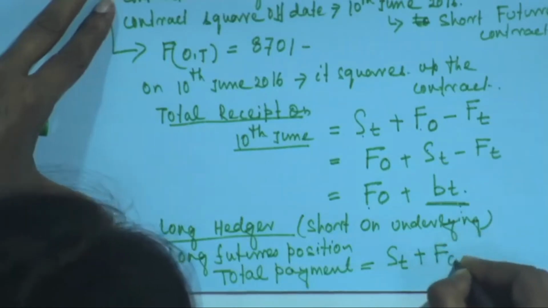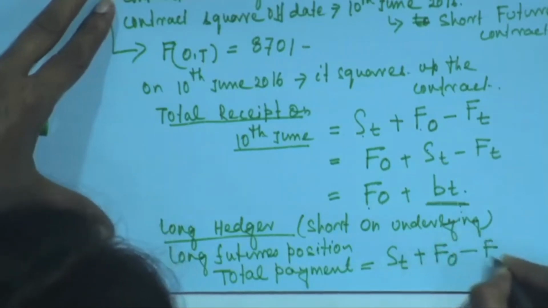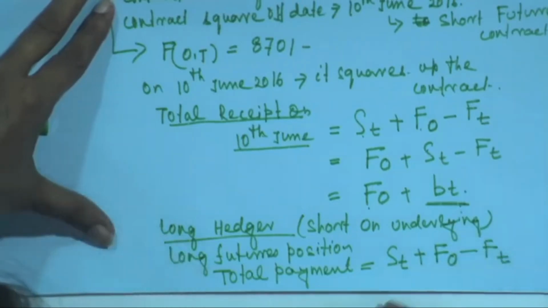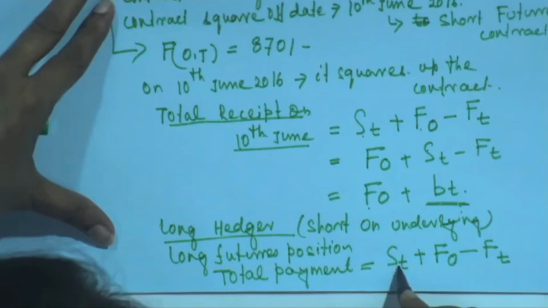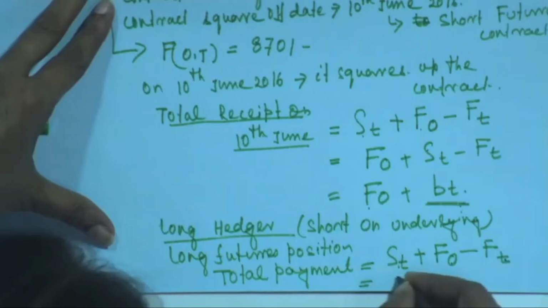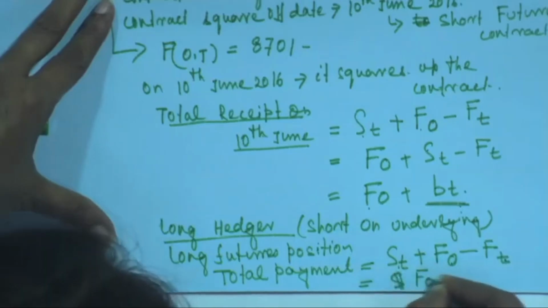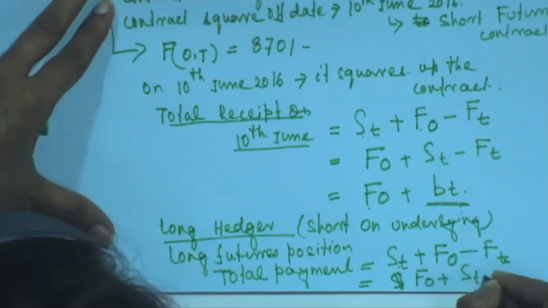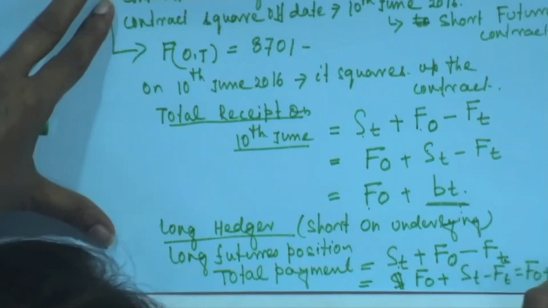So the total payment for the long futures position is going to be ST plus F0 minus FT. It is the same thing as F0 plus ST minus FT, which is equal to F0 plus BT.